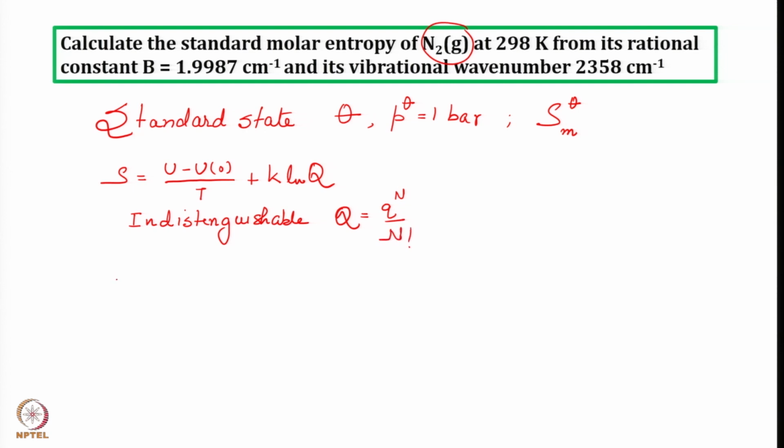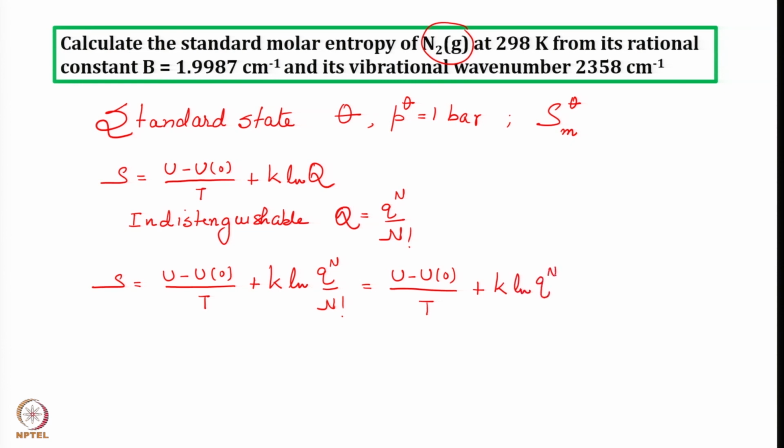So, what I have now is S is equal to U minus U0 by T plus k log q raised to the power N over N factorial, which I can write as U minus U0 by T plus k log q raised to the power N minus k log N factorial. All right.